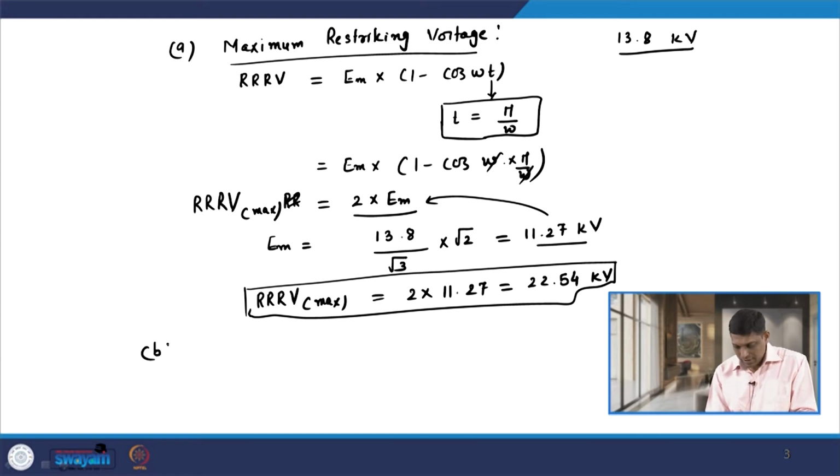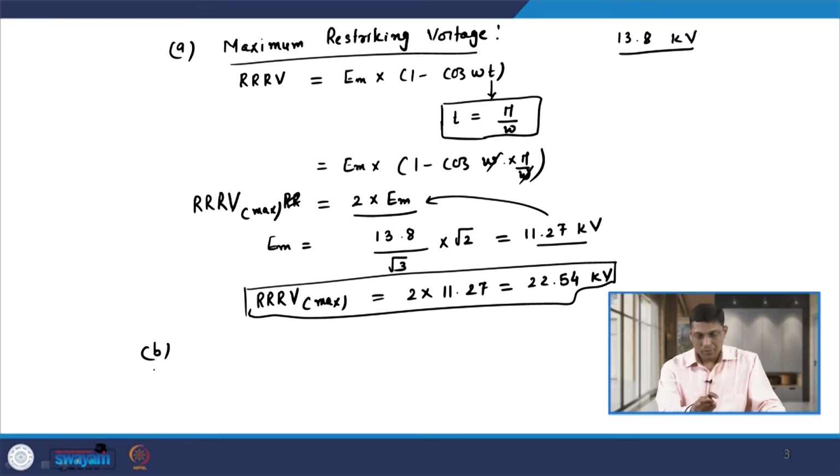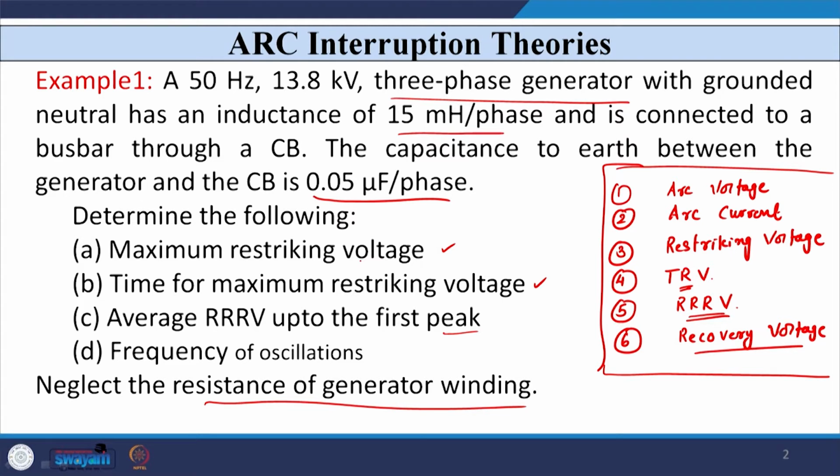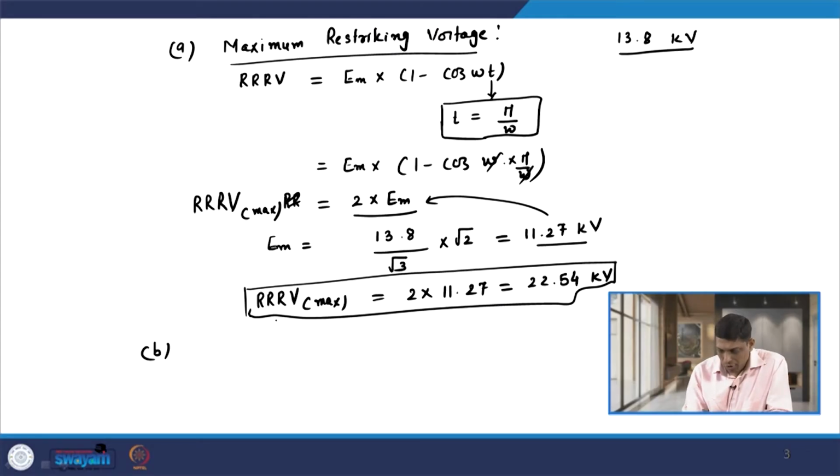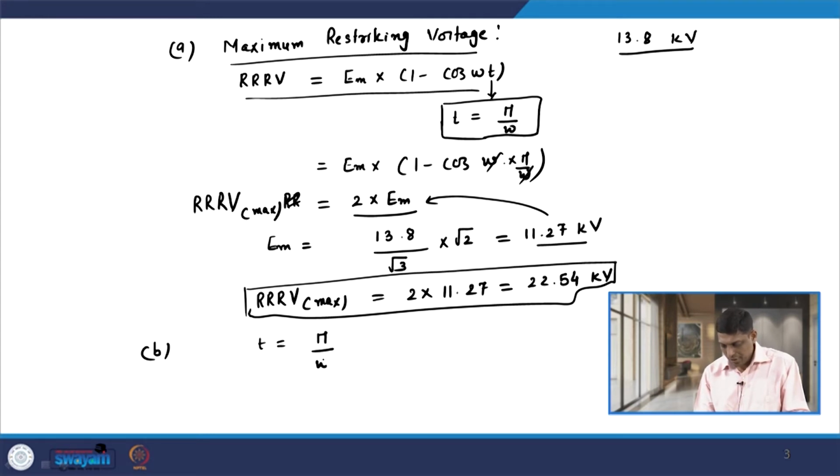Let us take the second part, which is the time for the maximum restriking voltage. What is the time at which the maximum restriking voltage occurs? As I told you earlier, in this equation the maximum restriking voltage occurs at t equal to pi by omega.